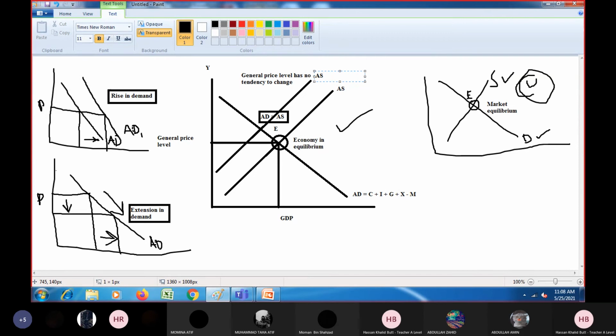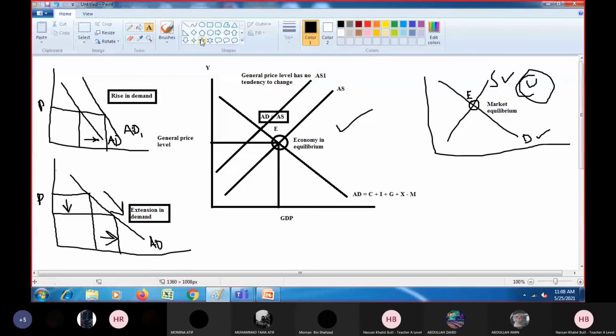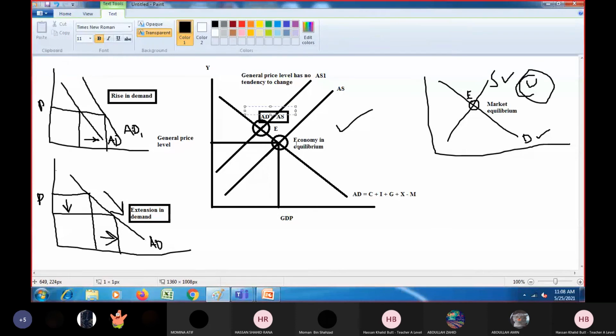And whenever the supply curve shifts to the left side, we call it decrease in supply. Now the new equilibrium will be this one. Aggregate demand is the same, but aggregate supply has shifted towards the left side. So we will now call it E1.